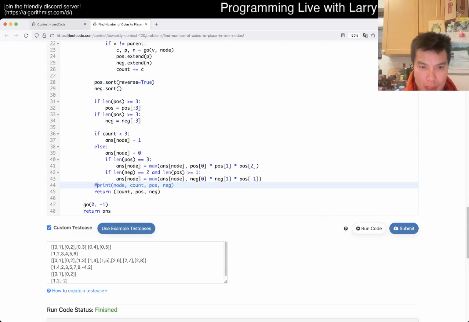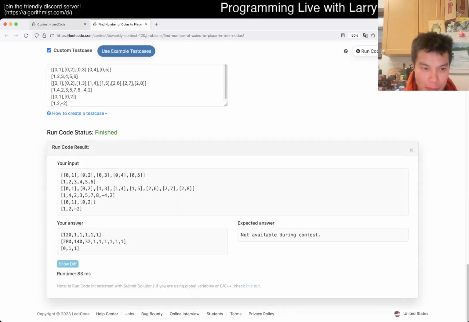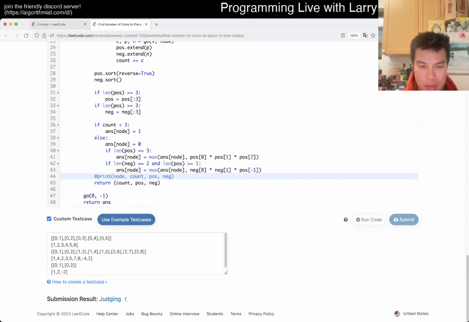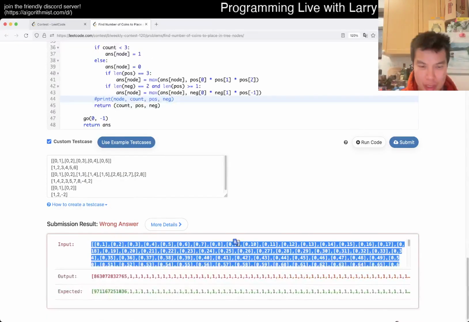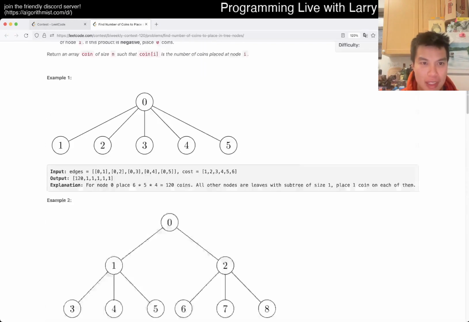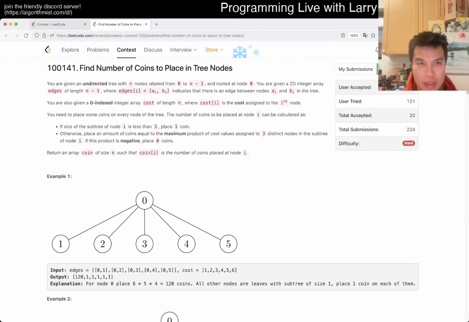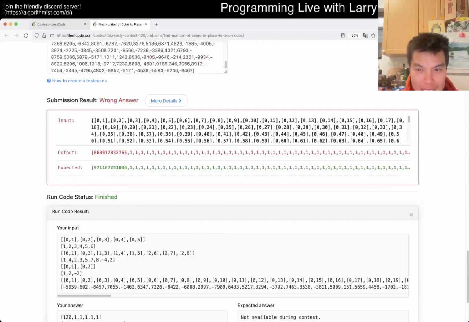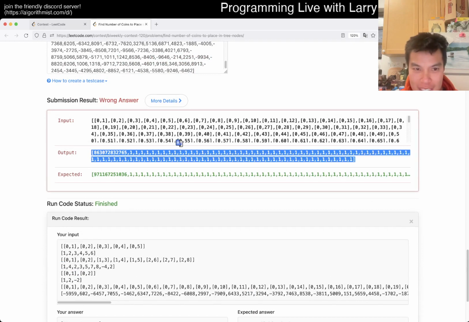This is right. Probably should test a big case, but I didn't actually expect that. Did I have the mod? No. Huh. That's actually surprising. I wish this is more easy.